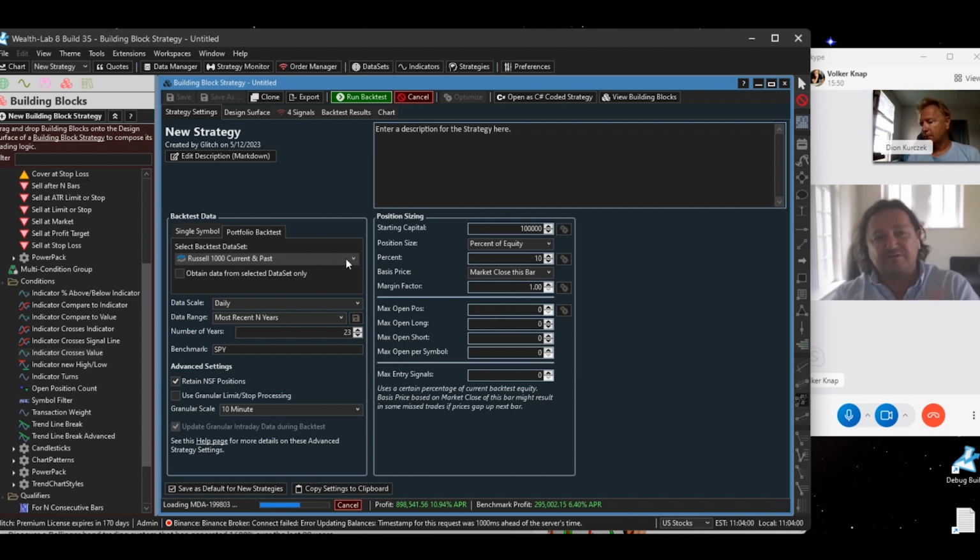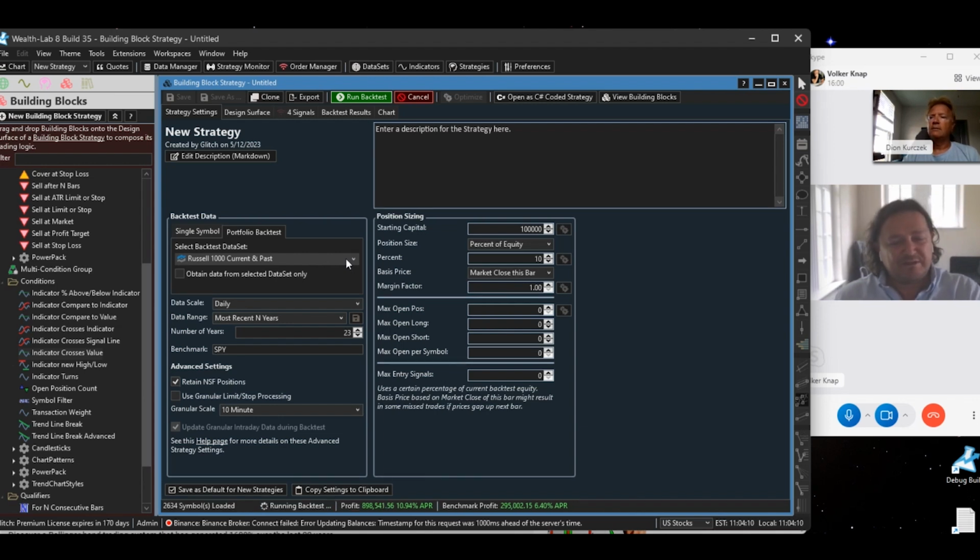If you only use the survivors, you already have basically neglected every stock that went from top to bottom. So this is more realistic now. This one will definitely be much more realistic, and it's now testing with 2,600 symbols, so all of those other symbols that have left the Russell 1000 over time.